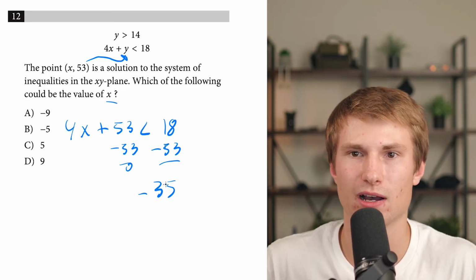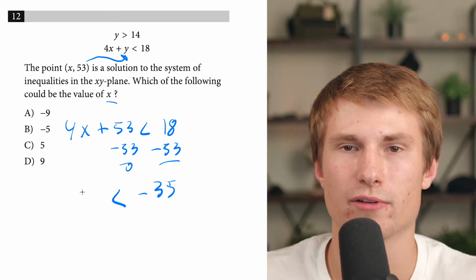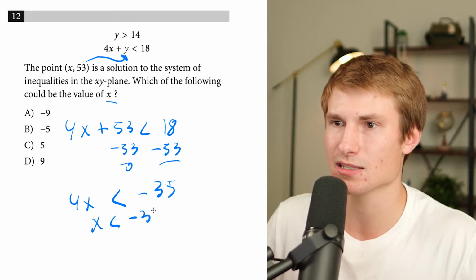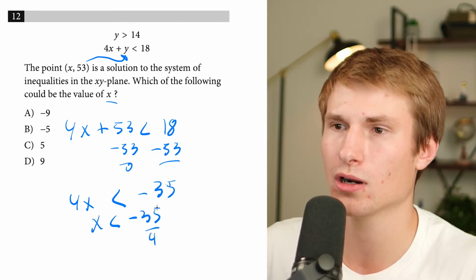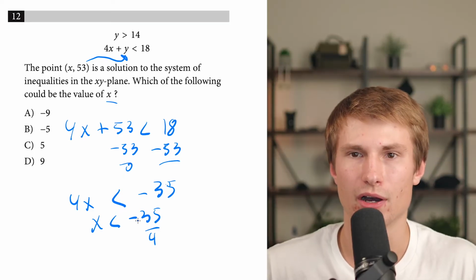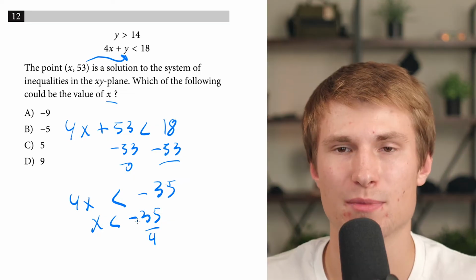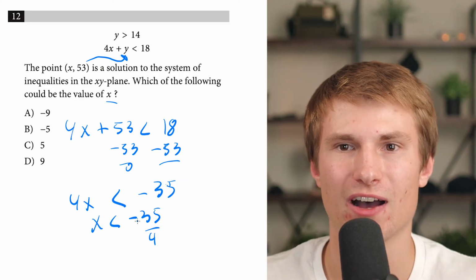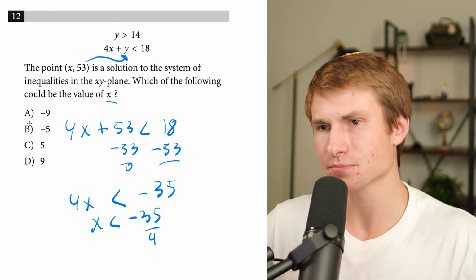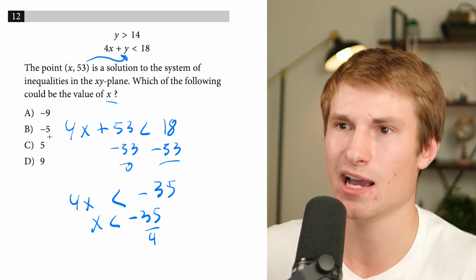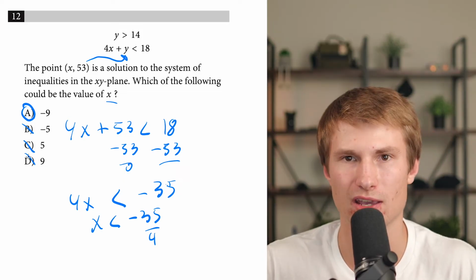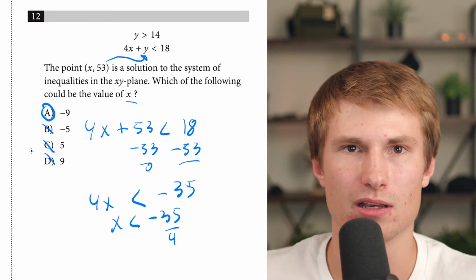So negative 35 must be greater than 4x. From there, we divide both sides by 4. We see that x must be less than negative 35 over 4. That's roughly negative 9, but it's actually a little bit greater than negative 9, right? Because it's negative 8.75, I believe. Yeah, negative 8.75. So since we have to be less than that, we have to be more negative, which would be answer choice A. None of these other answers are more negative than negative 8.75. So our answer there has got to be answer choice A.